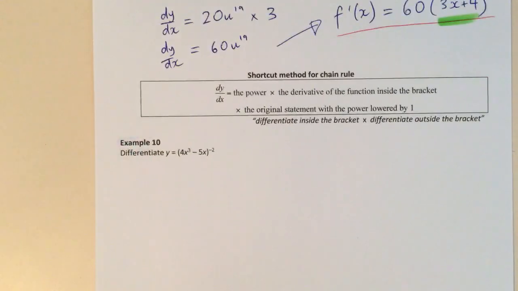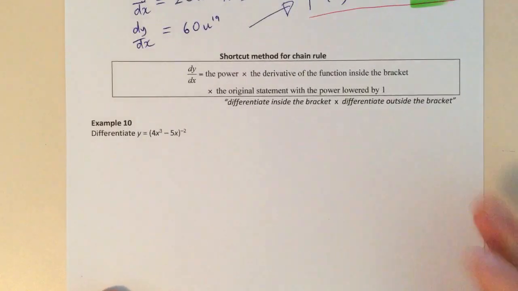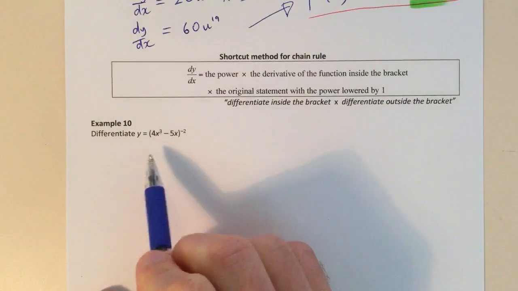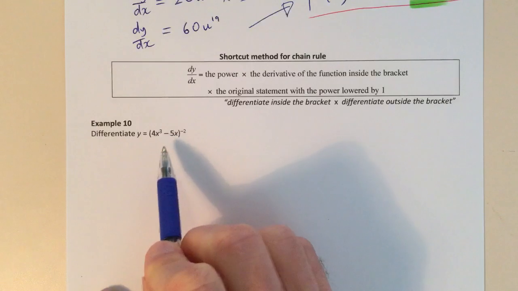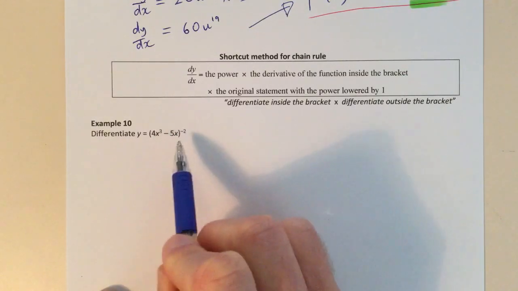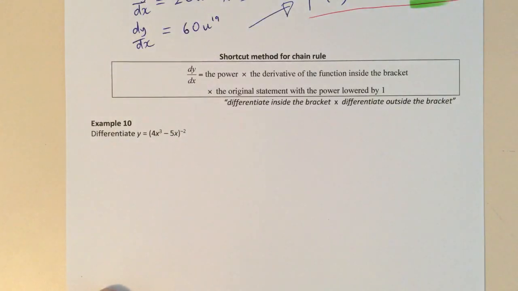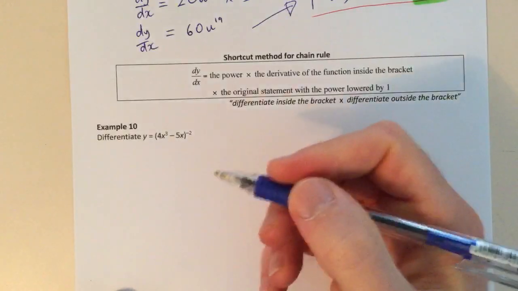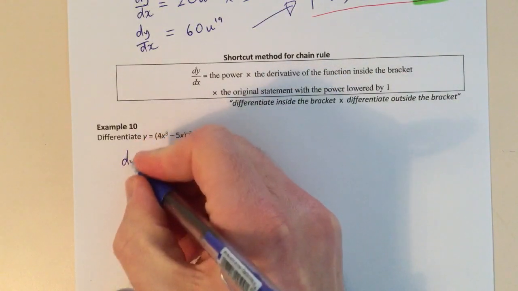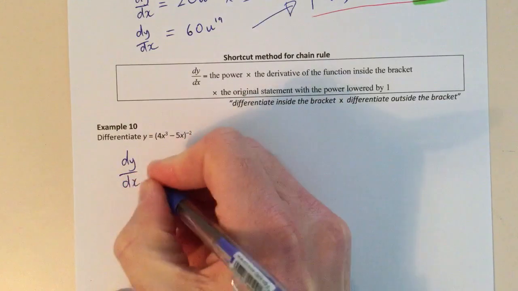So let's have a look at another example, and we're going to use the shortcut method. We're being asked to differentiate y equals (4x cubed minus 5x), all in a bracket, to the power of negative 2. Okay, so we're going to use this shortcut to the chain rule and go straight to dy dx.